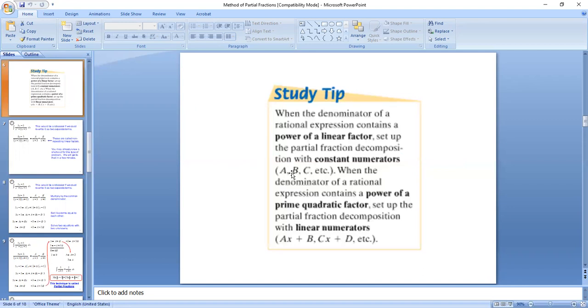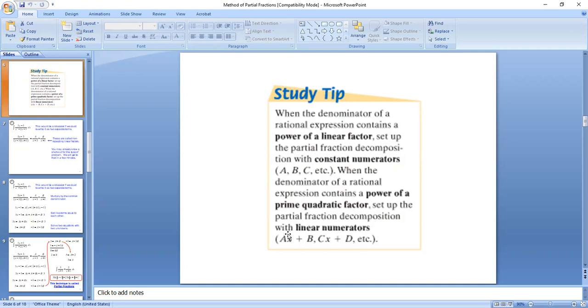When the denominator of a rational expression contains a power of a linear factor, set up the partial fraction decomposition with constants A, B, C, etc. When the denominator contains a power of a prime quadratic factor, set up the partial fraction decomposition with linear numerators.